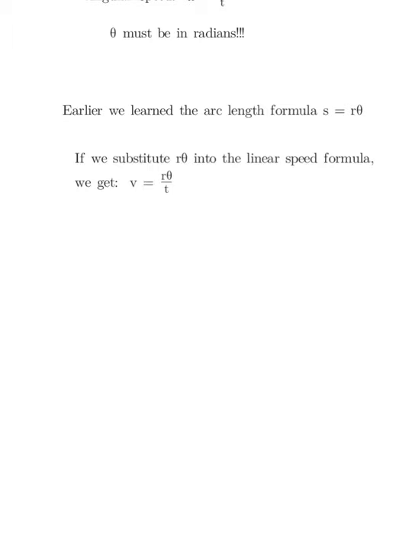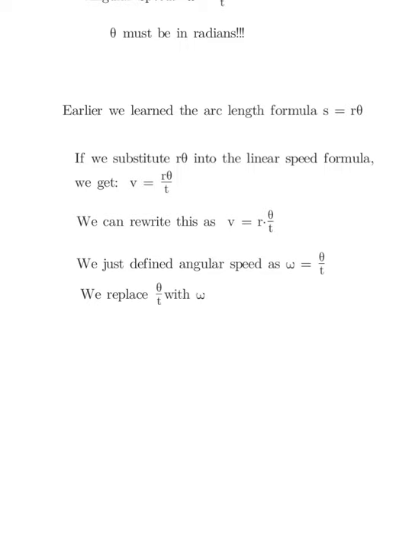So if we take our linear speed formula and substitute R theta in place of the S, we get V equals R theta over T. We can rewrite that fraction just a little bit as R times theta over T. We just defined angular speed to be omega equals theta over T.